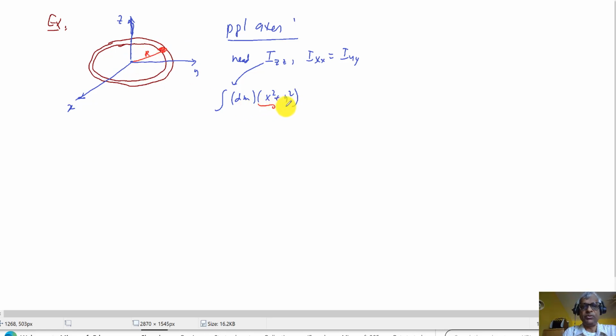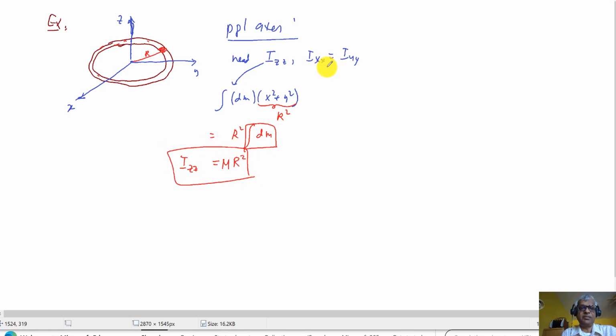So this is actually r squared for every element, x squared plus y squared equals r squared. This is constant, so r squared comes out. And dm is basically adding up all these masses, so I really don't have to do any integrals. So r squared times the total mass: m r squared. So I zz is trivial here.